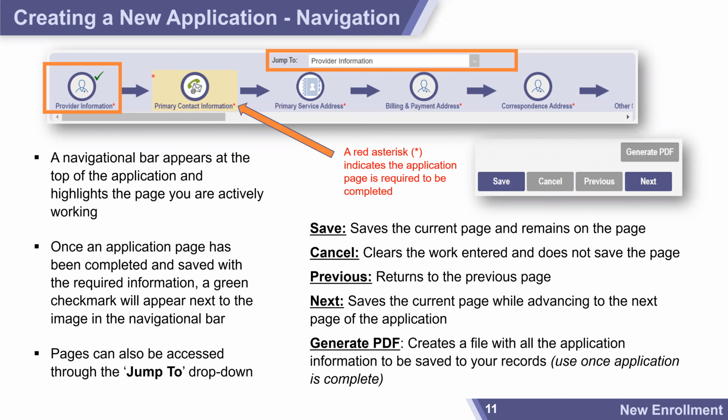Also want to call your attention to this highlighted section as well. That highlighted section is the page that you are actively working on. So if it's highlighted, that lets you know you are on the primary contact information page. Again, you will see asterisks, in this case red asterisks, that let you know that that particular page is one that is required to be completed.